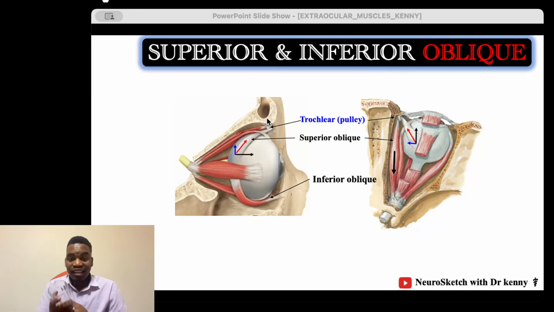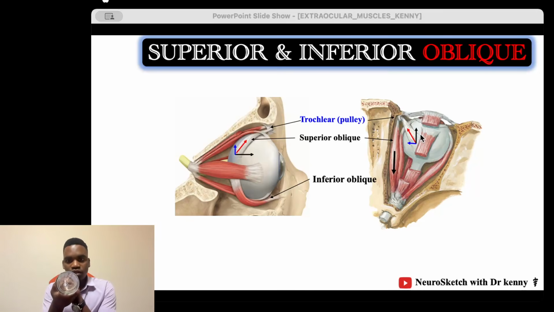But it is more than that, because there's also somewhere here when you pull it. Pulling from this point, it will result in medial rotation and of course depression. The eye will go downward, not upward. It is superior, but yet it depresses the eyeball. And then the last thing that it will do, it will abduct the eye. So we have three movements by the superior oblique muscle.